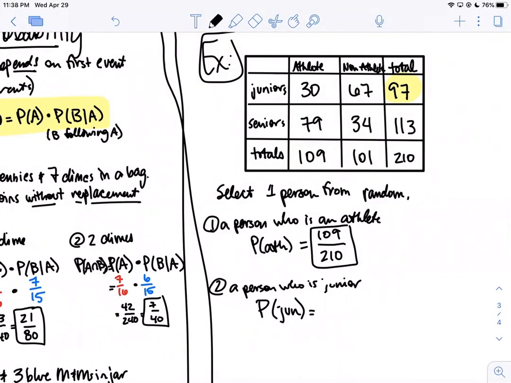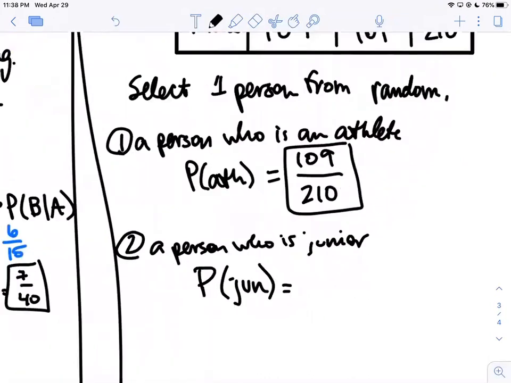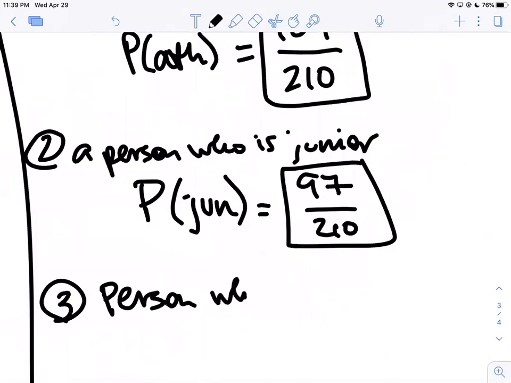Okay, now we're going to do the probability of picking a person who is a junior and athlete.